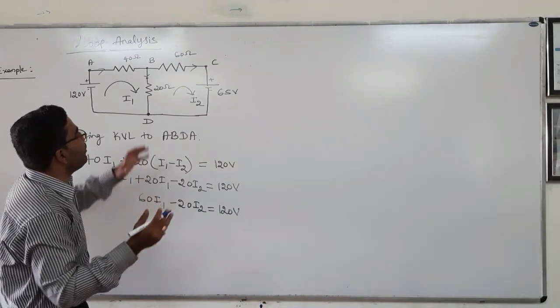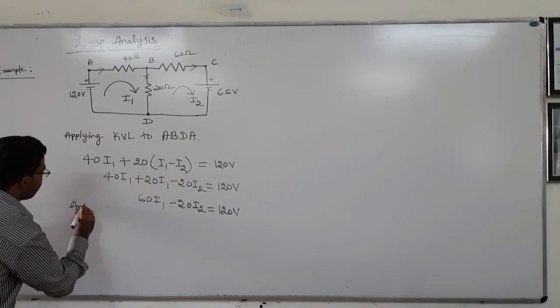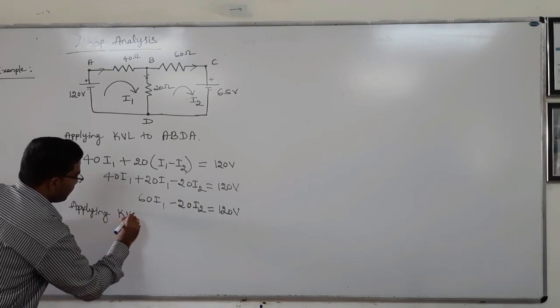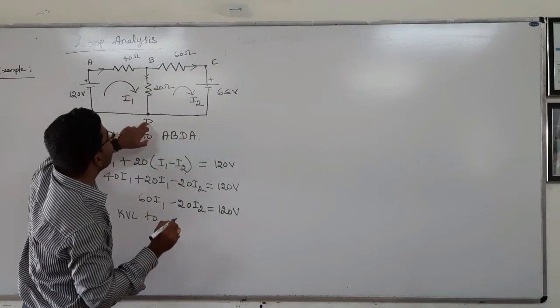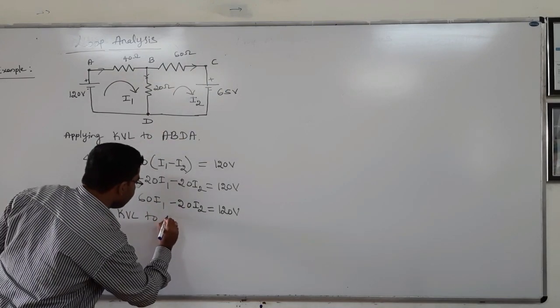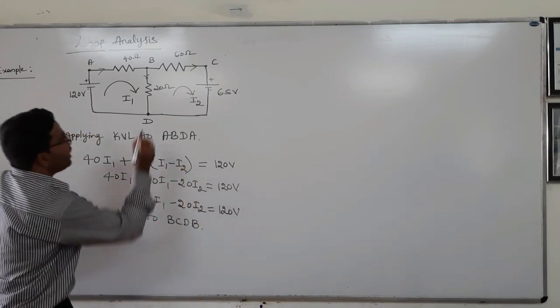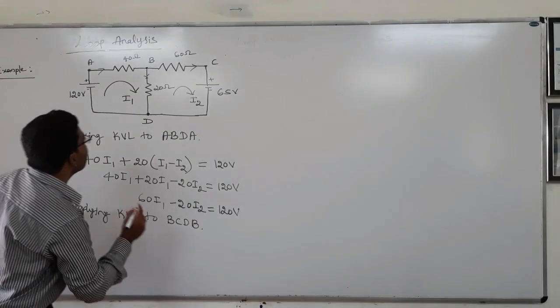Then I will apply KVL to the second loop, that is B, C, D, B. So here also the current is flowing in the clockwise direction.